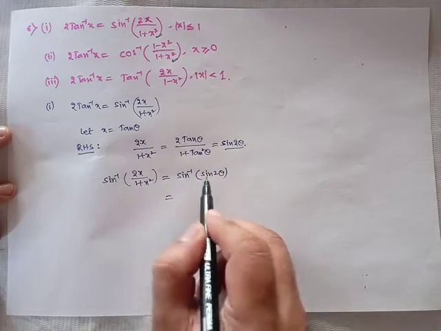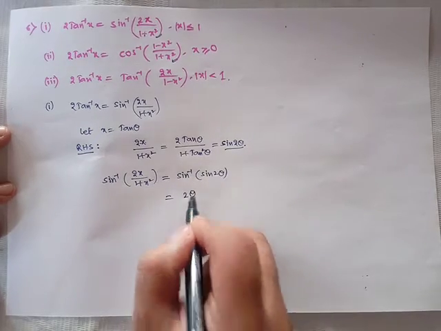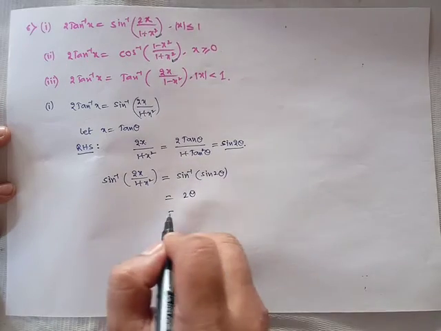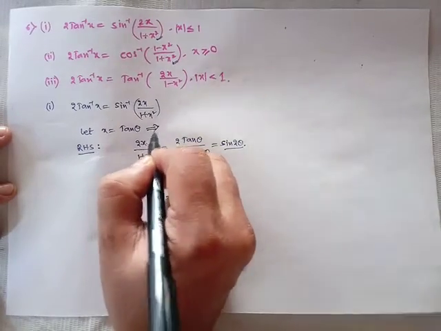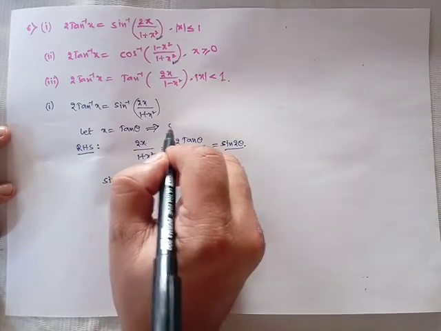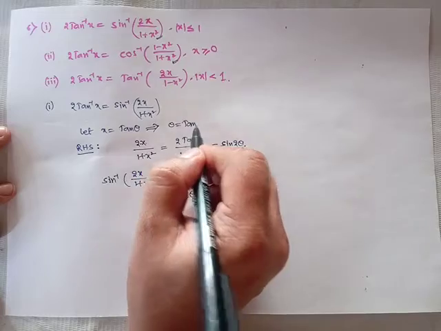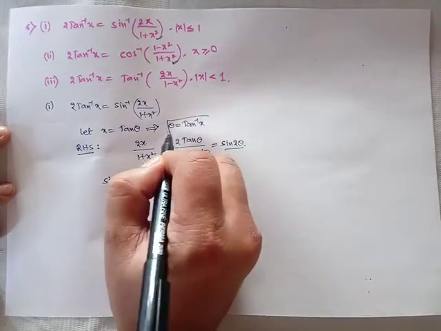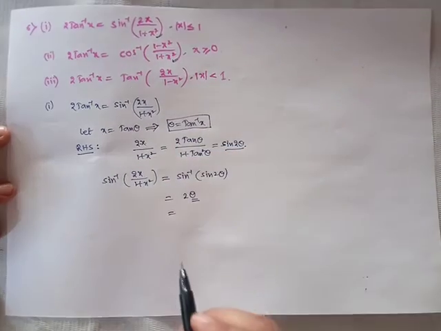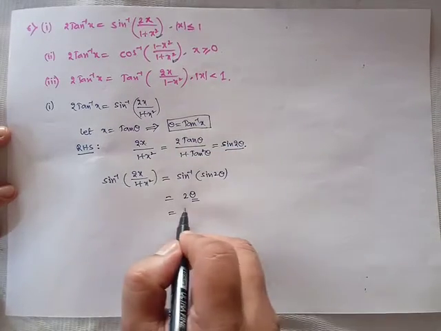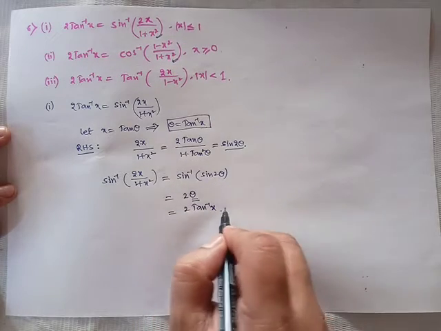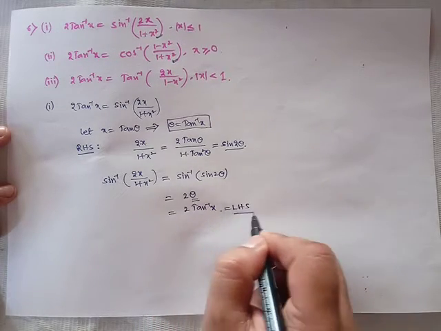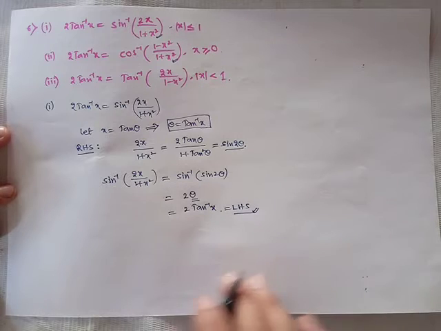Sin inverse and sin both will cancel, so it can be written as 2 theta. Since x is equal to tan theta, theta can be written as tan inverse of x. So it is 2 tan inverse of x, which is the value of the LHS.